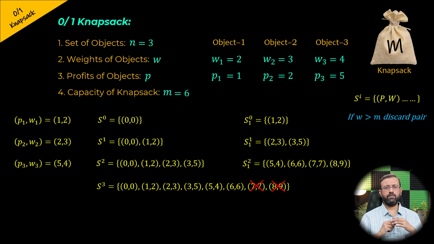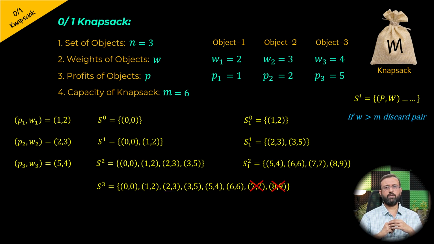In the same way, we need to compare the next two pairs 2, 3 and 3, 5. The profit of the pair 2, 3 is 2 and the profit of the pair 3, 5 is 3. So profit is increasing as well as the weight of the pair 2, 3 is 3 and weight of the pair 3, 5 is 5. So even the weight is increasing. Therefore the pair 2, 3 is part of the set S3.